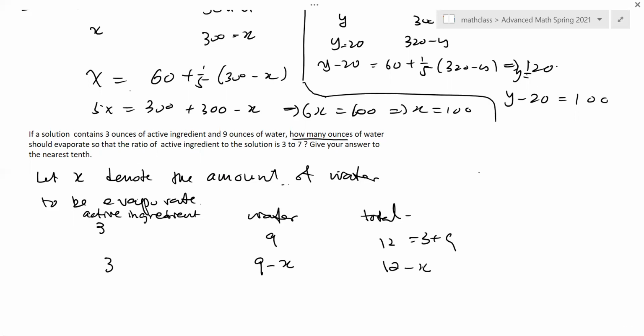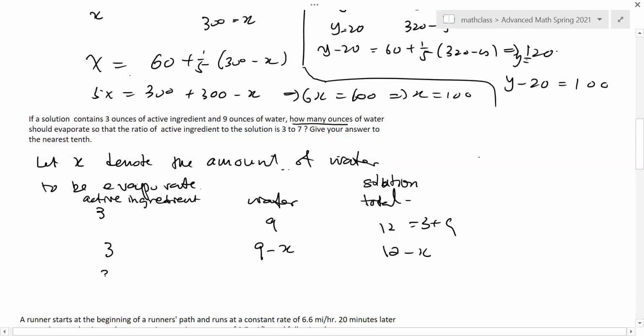What we want to use is the solution, because the question asks for the ratio of active ingredient to the solution, not to the water. So be careful. That's why 3 over (12 minus X) is going to be 3 over 7.